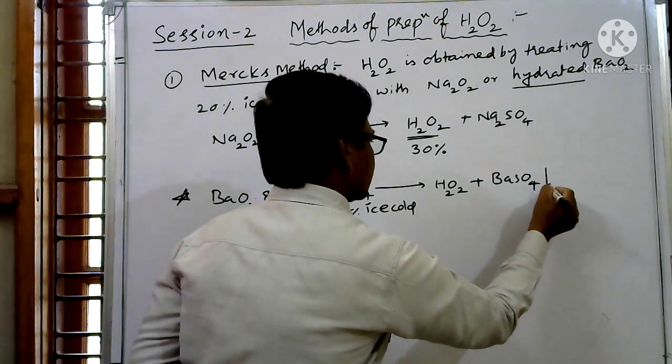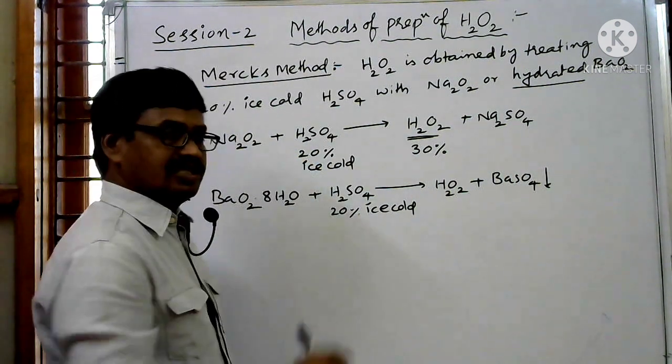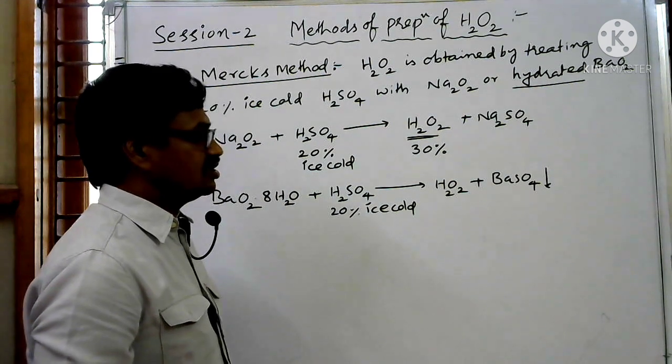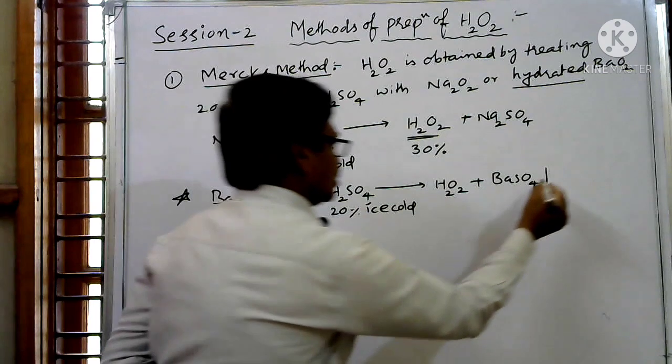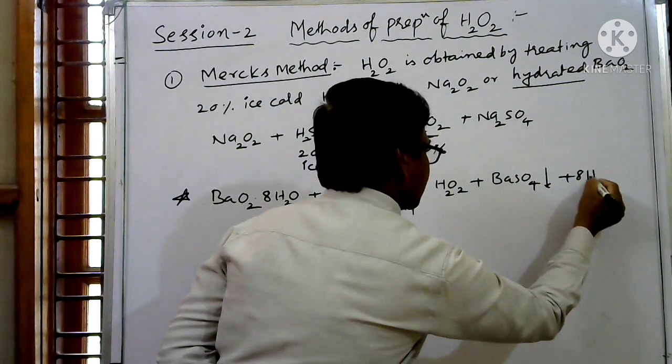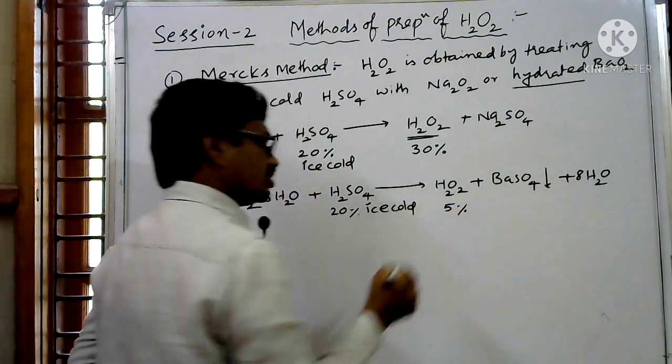This is a precipitate. Sodium sulfate, which is formed in the first reaction, is not a precipitate, but here barium sulfate is a precipitate. The 8 water molecules are separated. Here we can get only 5% hydrogen peroxide.